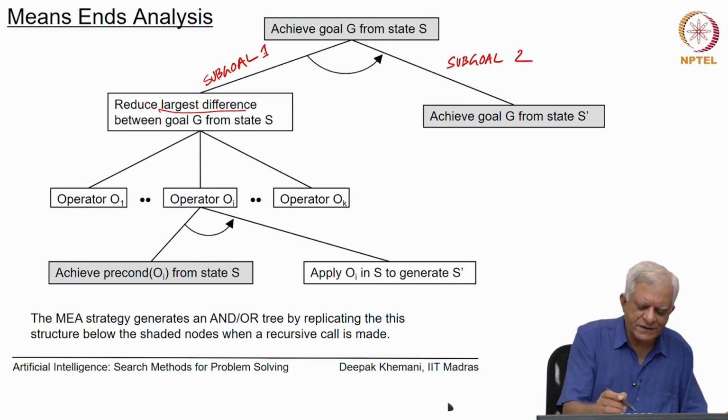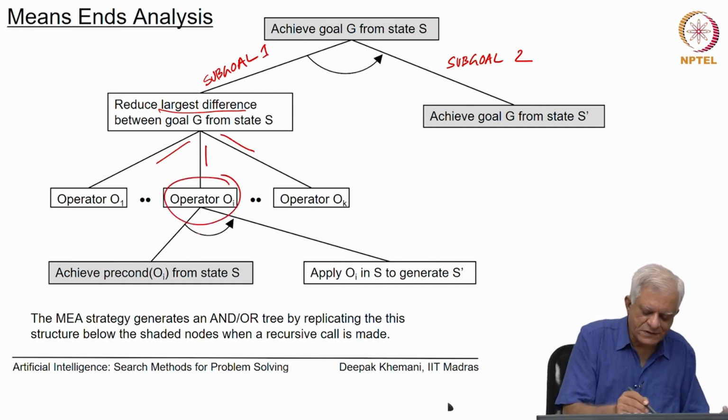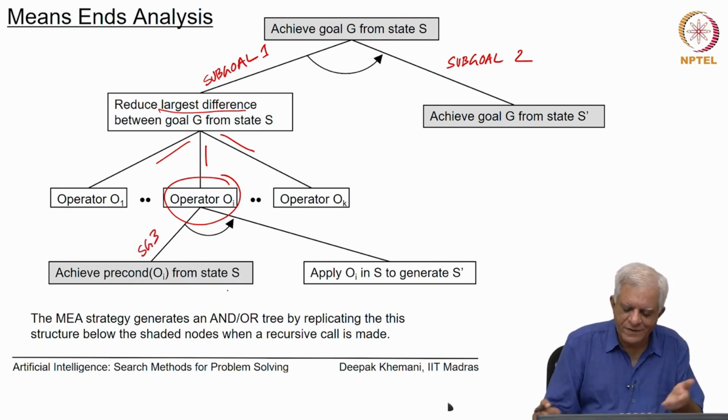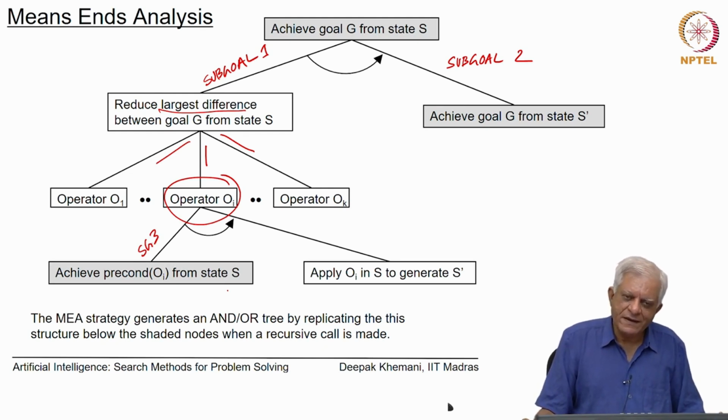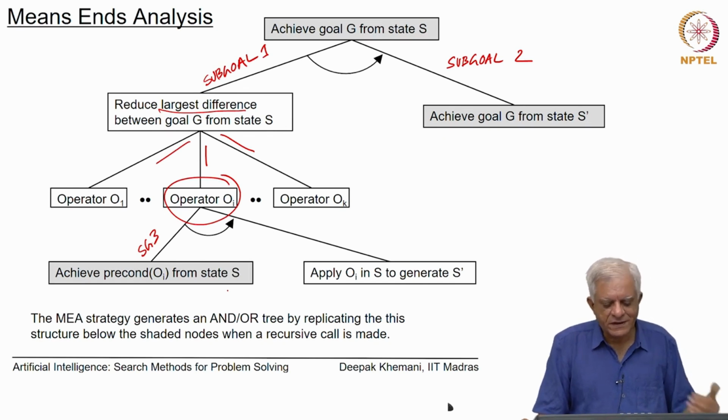In this case, you can see that there were these OR choices here, and you selected this, and this also was broken up into its own sub problem, sub goal. So, let us call it sub goal 3 and then move on and so forth. So, means ends analysis also had a goal directed backward approach to problem solving, and that is quite similar to what we saw in the AND OR star algorithm.